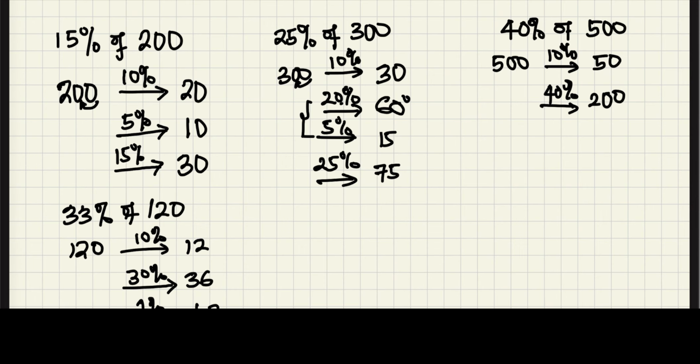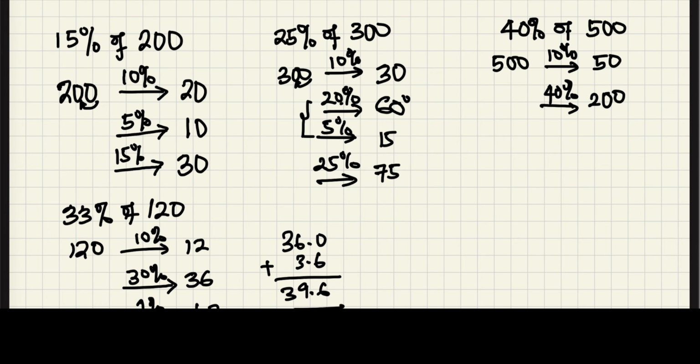Then 3% will be 1.2 times 3, and that should give us 3.6. Since we are looking for 33%, that would be 36 plus 3.6. Remember, this is 36.0, and that will give us 39.6.